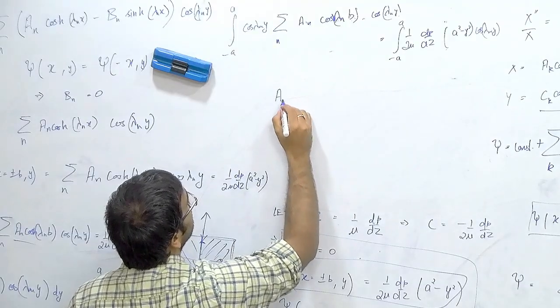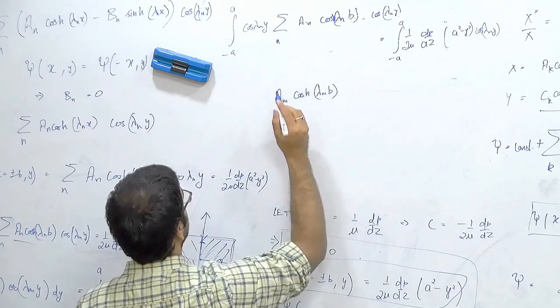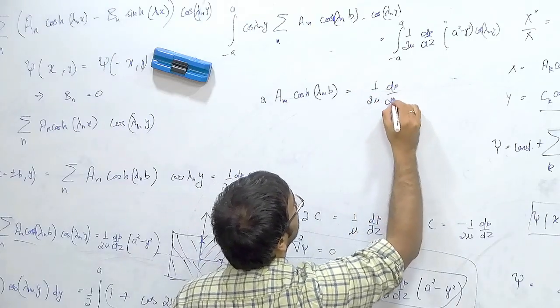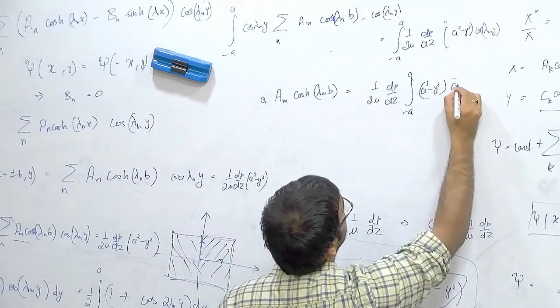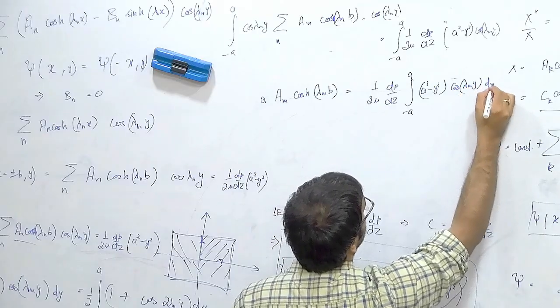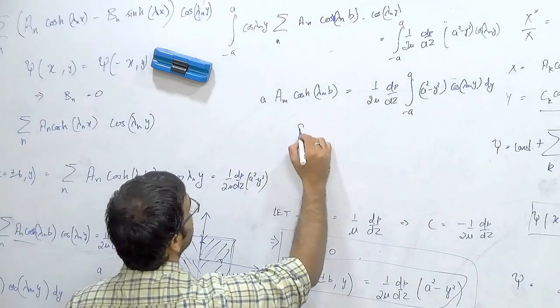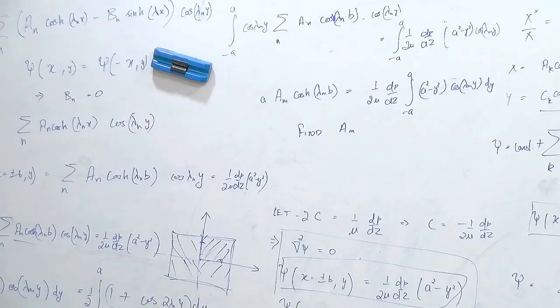On the left hand side we get a m cos hyperbolic lambda m b times a, equals 1 by 2 mu dp dz times the integral dy. You can solve this integral easily using integration by parts, and from there you can find a m's. After that your solution is complete. This is what the solution of your flow through a rectangular pipe is.